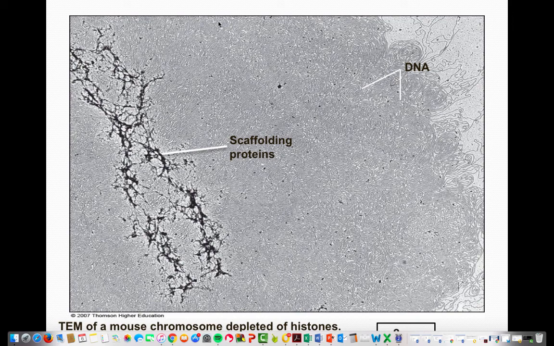This looks like if you have any kind of holiday lights that you didn't put up correctly, then you get them out and they're all tangled. There's no way that we would be able to use this efficiently to make a new strand of DNA quickly. So it would get all knotted and tangled up, and it would be a mess. So that's where nucleosomes, those histone proteins, and the scaffolding proteins help.